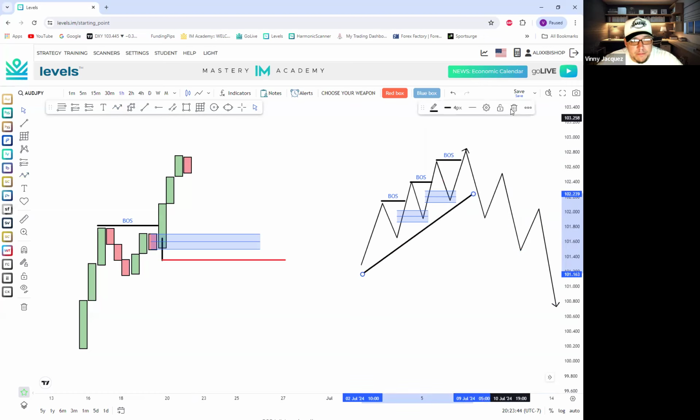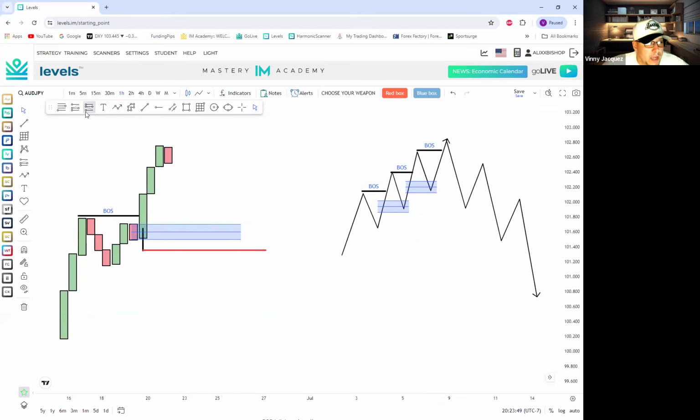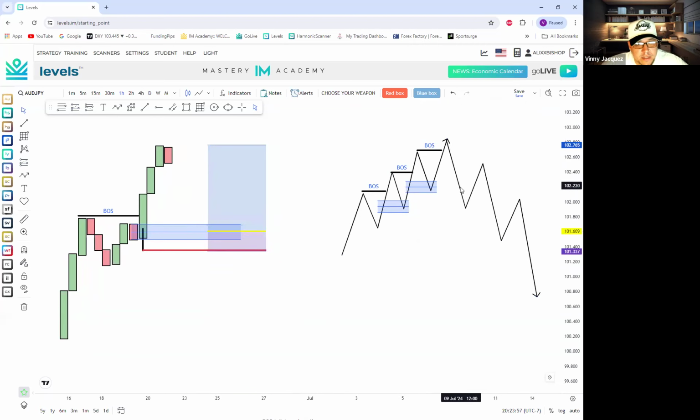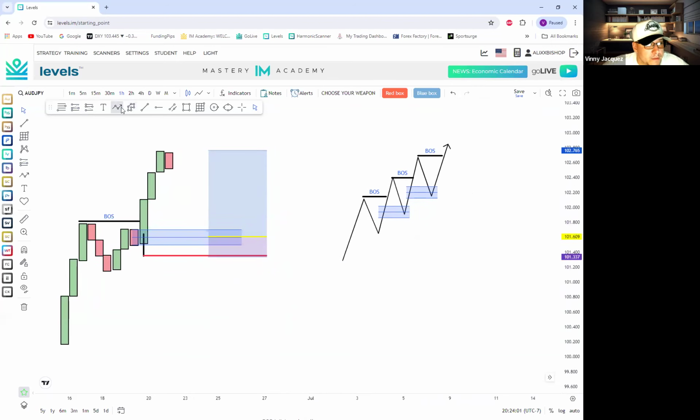So let's go ahead. We're looking for buys here. Nothing changes yet. Market is coming down, coming to my entry, doing what it's supposed to do. I'm waiting patiently down here.